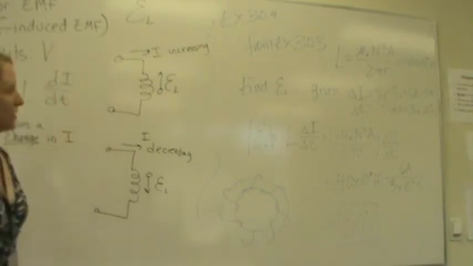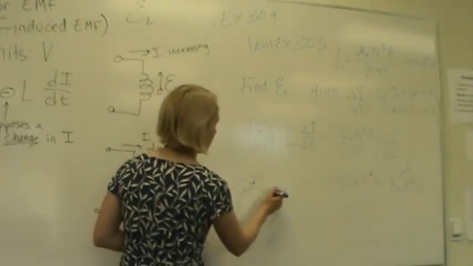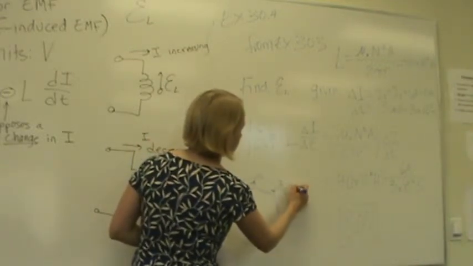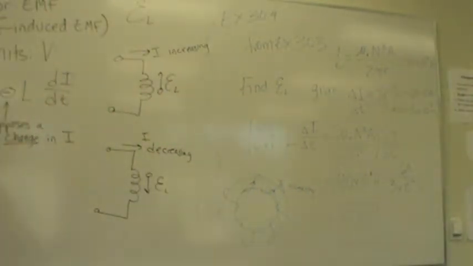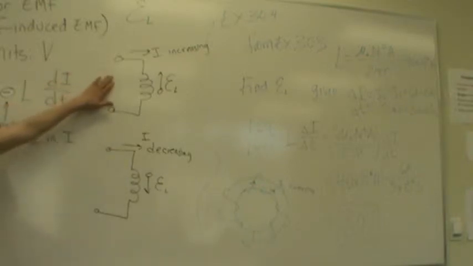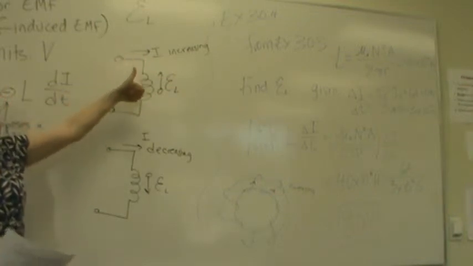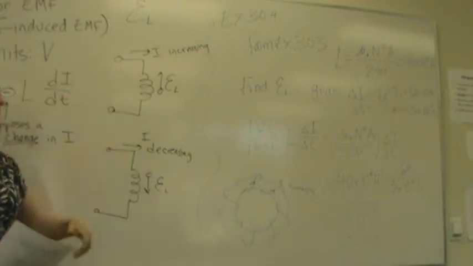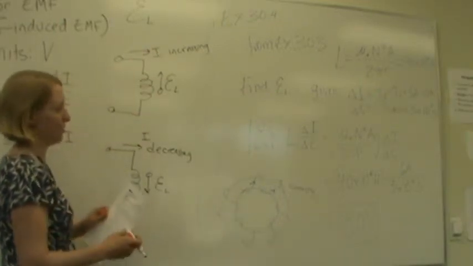Okay, so if the current is decreasing, no, it's increasing. So if I is increasing, based on this picture, we see that your induced EMF would be upwards. And so from the picture, it just shows it's opposite to the direction of the current. So from that, we can guess then what would the direction of the EMF be?